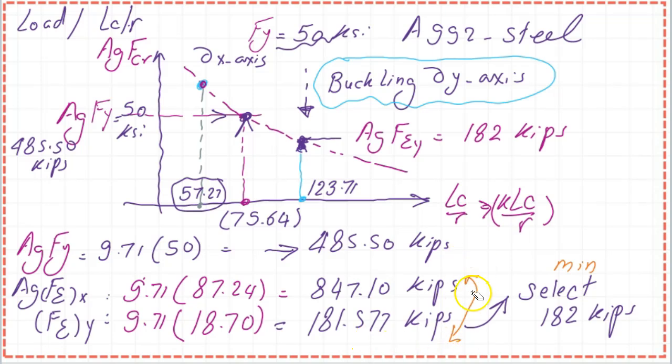We take the smaller value, which is almost 182. Since this load, 182, is smaller than the yield load, which is 485.5, again the same result: the column will have theoretical buckling prior to yielding.